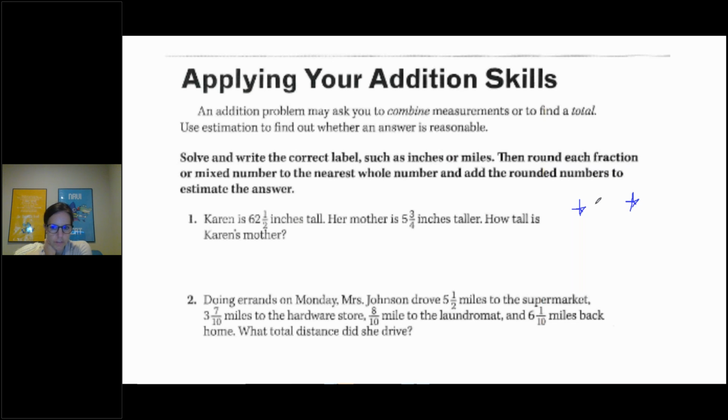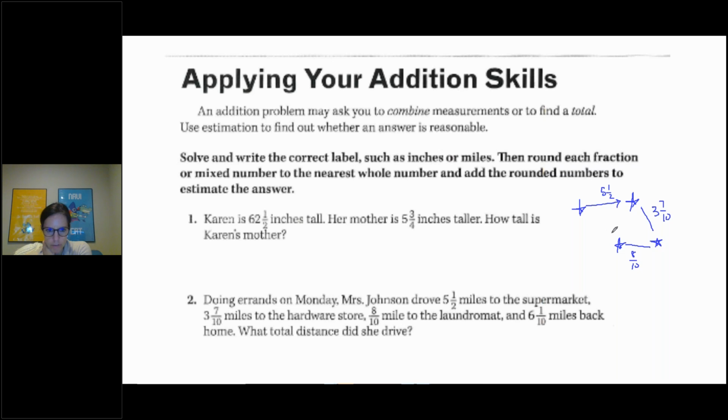Yeah, like if she drove from her house to the supermarket, this was 5.5 miles. And then from the supermarket to the hardware store, this was 3 7/10 miles. And then from the hardware store to the laundromat, it was 8/10 of a mile.